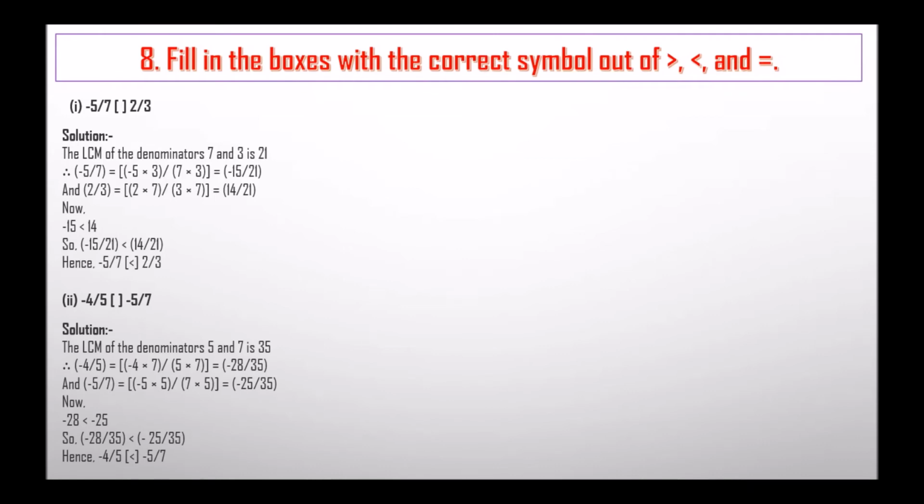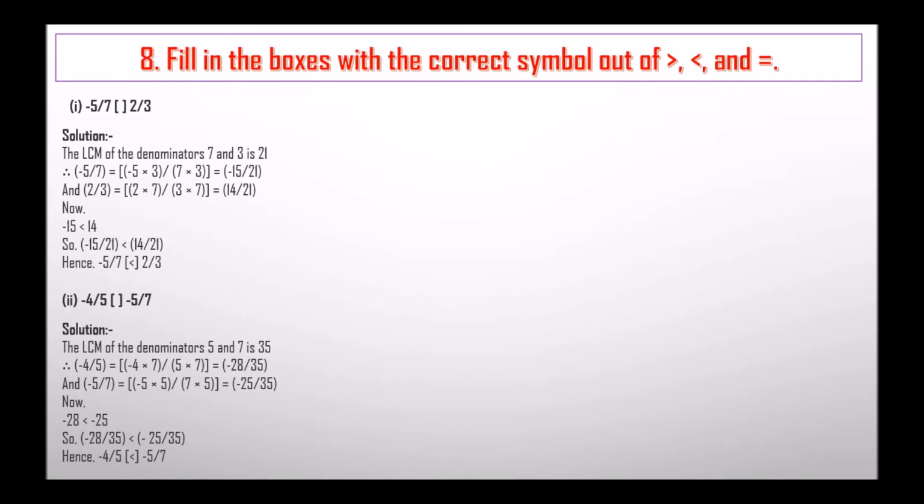8th question, fill in the box with the correct symbol out of more than, less than or equals to. First one, minus 5 upon 7, box 2 upon 3. Here the LCM of the denominators 7 and 3 is 21.